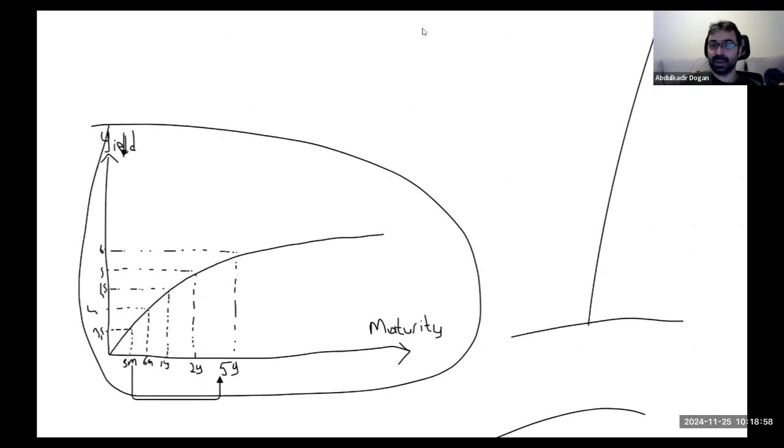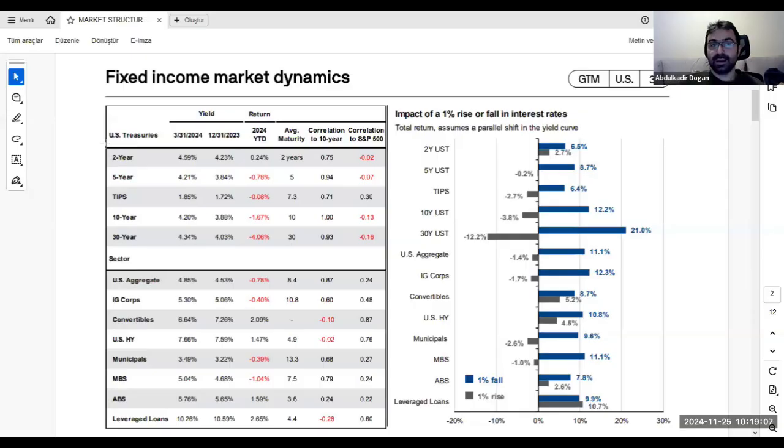But if I do this, please look at my US Treasury yields. The 2 year is 4.59, but the 5 year is 4.21. The time is increasing, but the yield is decreasing.